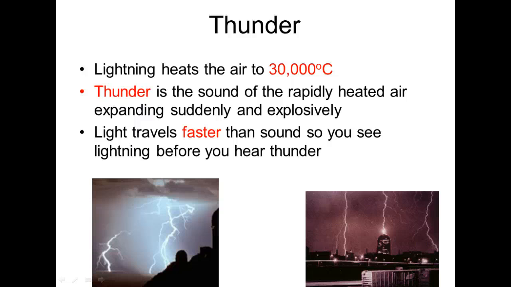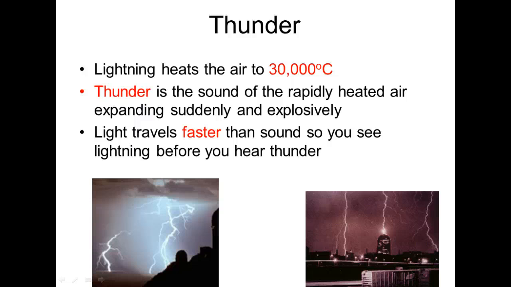Now, a cool for-your-information thing is there's a simple formula that people get wrong all the time. So let's get that simple formula now for calculating how far away the storm is that's producing this thunder and lightning. You hear or you see a flash of lightning, you count the seconds it takes to hear the thunder.